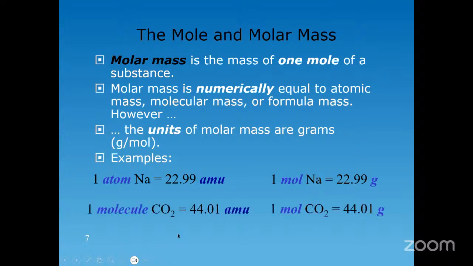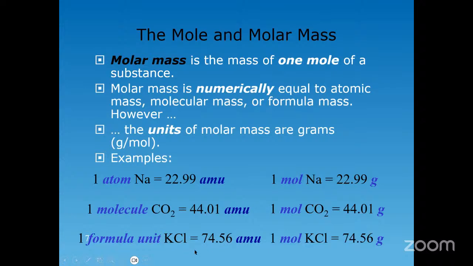In this case, the molecular mass of carbon dioxide is 44.01 AMU, but the molar mass of carbon dioxide is 44.01 grams per mole. And then in terms of ionic compounds, for 1 formula unit, the formula mass is 74.56 AMU, but the molar mass is 74.56 grams per mole.